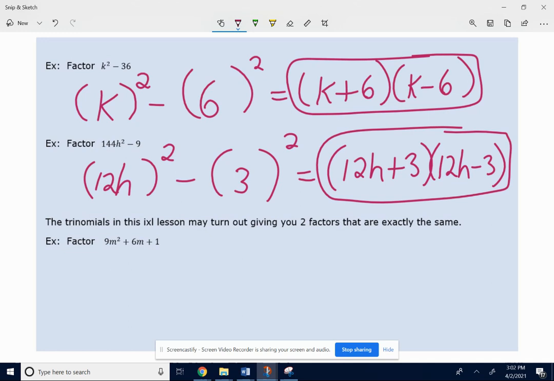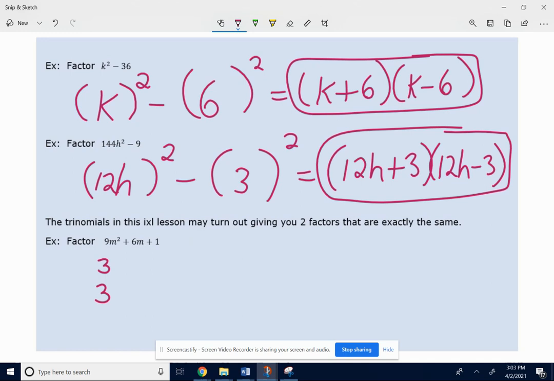But let's say I wanted to factor 9m squared plus 6m plus 1. I'm going to use my trick that I use with trial and error. I'm going to think of 9 as 3 times 3. Remember, I told you these are going to turn out to be doubles. They're going to be exactly the same. So I can just tell you it's going to be 3 times 3 to give me 9 instead of 9 times 1 or 1 times 9.